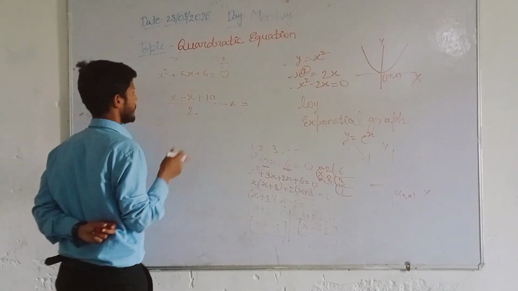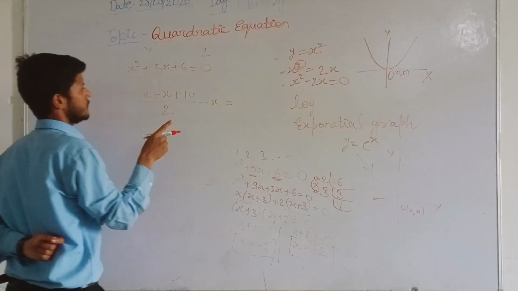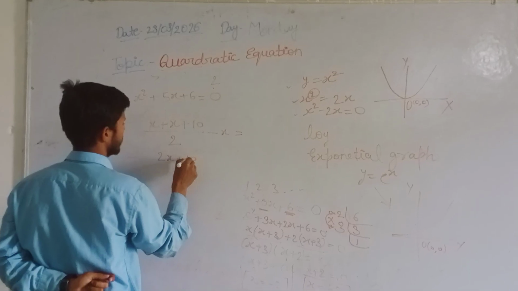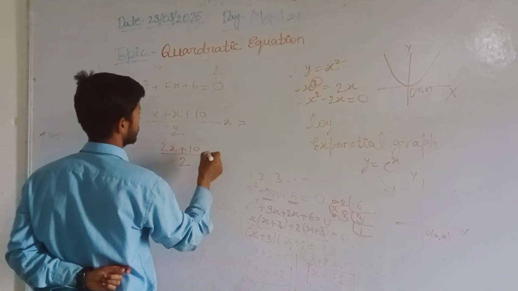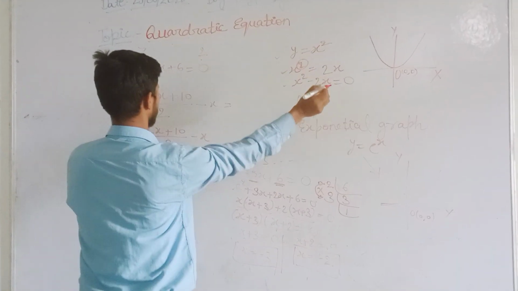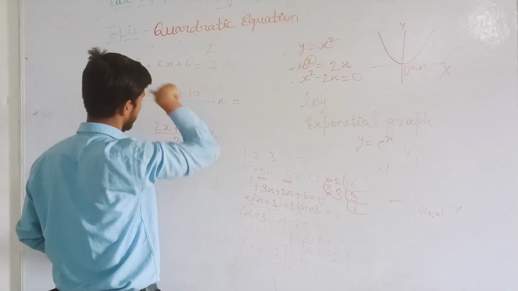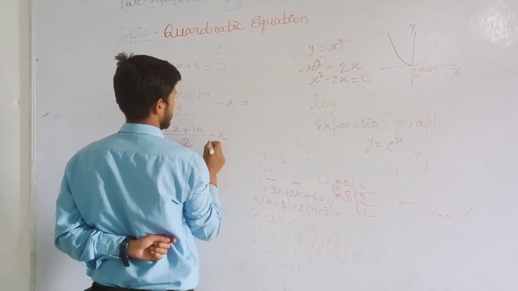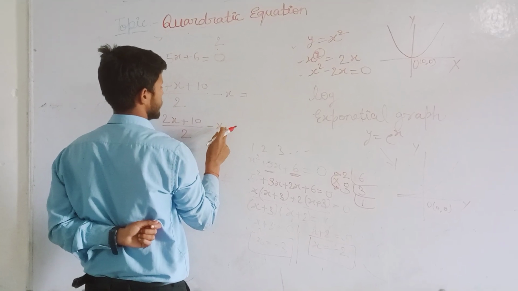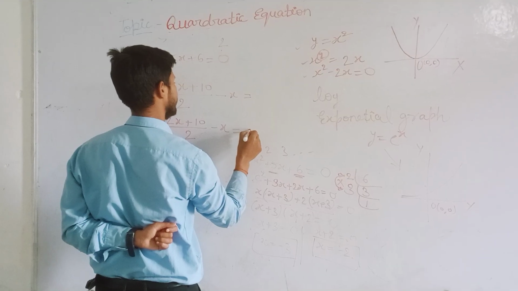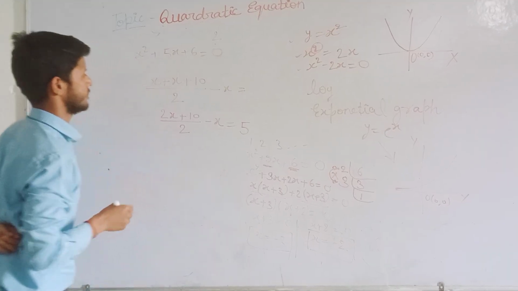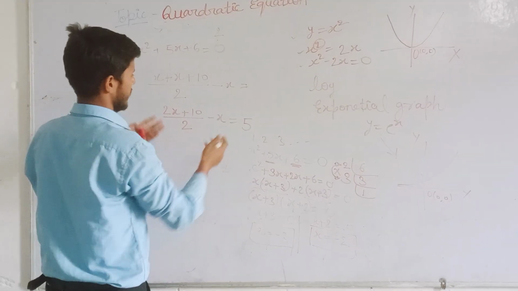Now this can be solved. 2x plus 10 by 2 minus x is equal to, I can say this result will be 5.